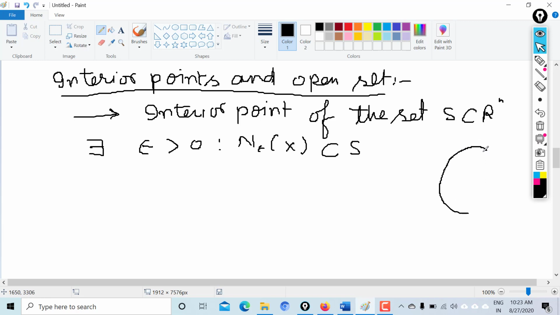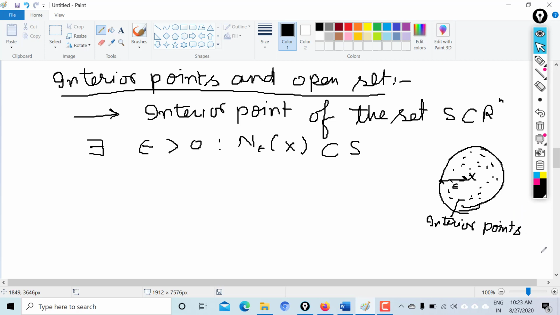If we draw a circle, and here there is element X and this distance is epsilon, then all the points inside this range are termed interior points.